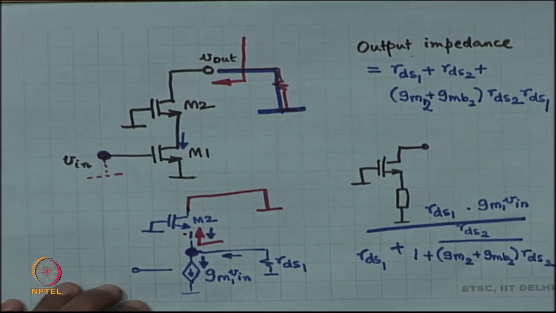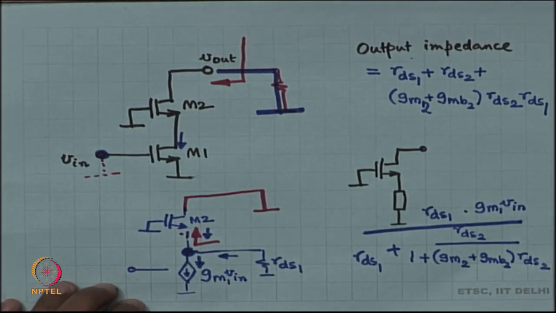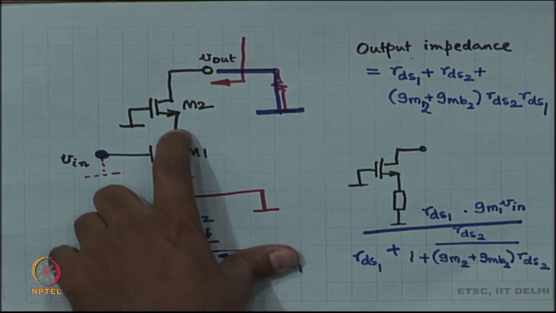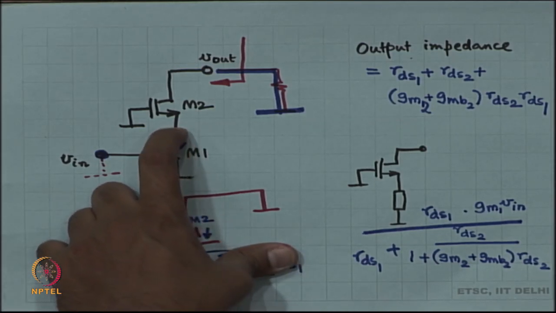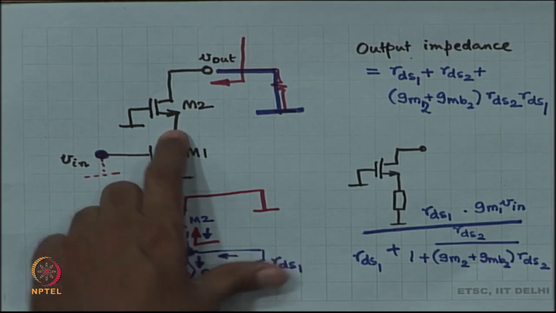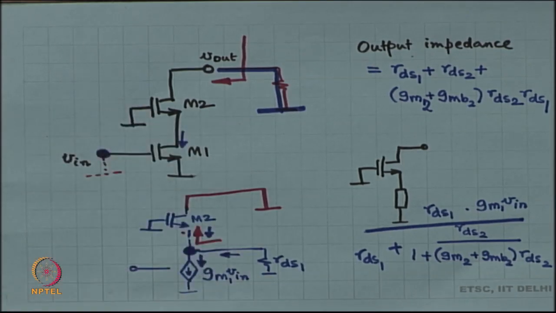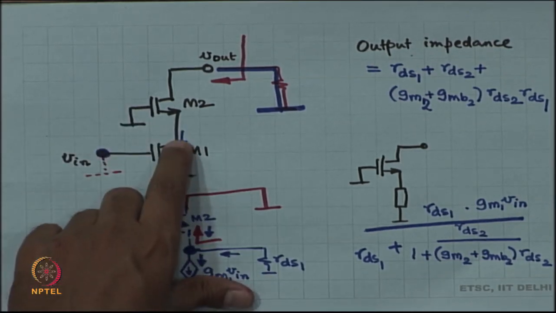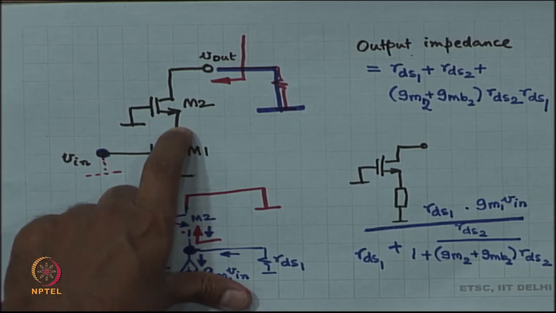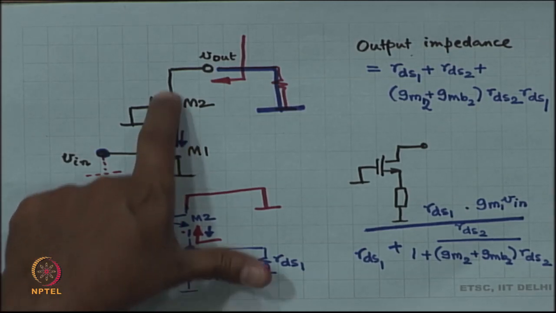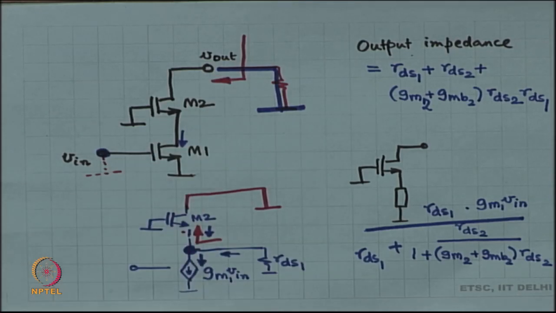You applied a current, you got the same current at the output. The input impedance of M2 is low, right, that is why it was current controlled. M1 is a voltage controlled current source, it produced a current, and that current has a nice low impedance to go through, it came out through the drain.